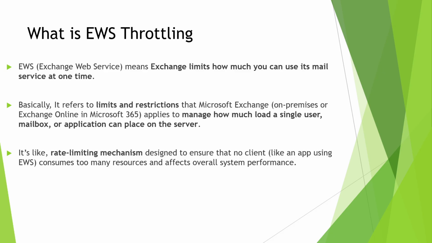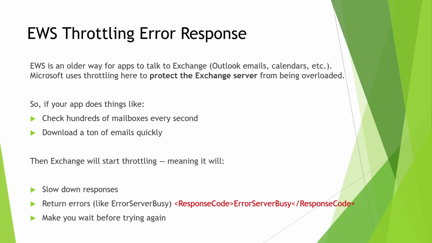Basically, it refers to limits and restrictions that Microsoft Exchange on premises or Exchange Online in Microsoft 365 applies to manage how much load a single user mailbox or application can place on the server. It's a rate limiting mechanism designed to ensure that no client, like an app using EWS, consumes too many resources and affects overall system performance. Okay, let's go to the next.